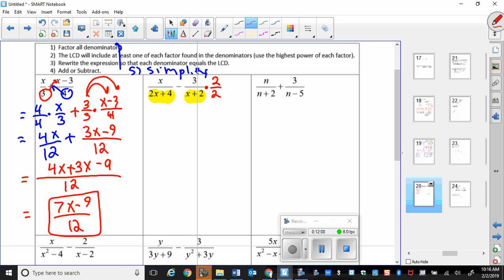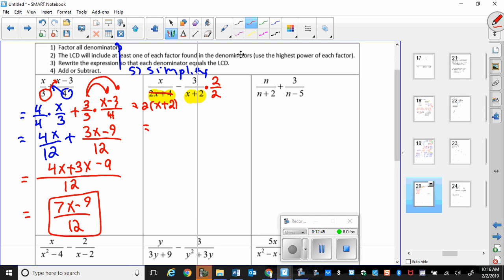Because 2 times x equals 2x, plus 2 times 2 is 4. So I want you to look at what I'm saying here. If you're good with the greatest common factor by now, 2x plus 4, if you break it down into factors, it also equals 2 times x plus 2. This is where being able to factor comes in handy. It makes it easier to simplify and work with these types of functions.